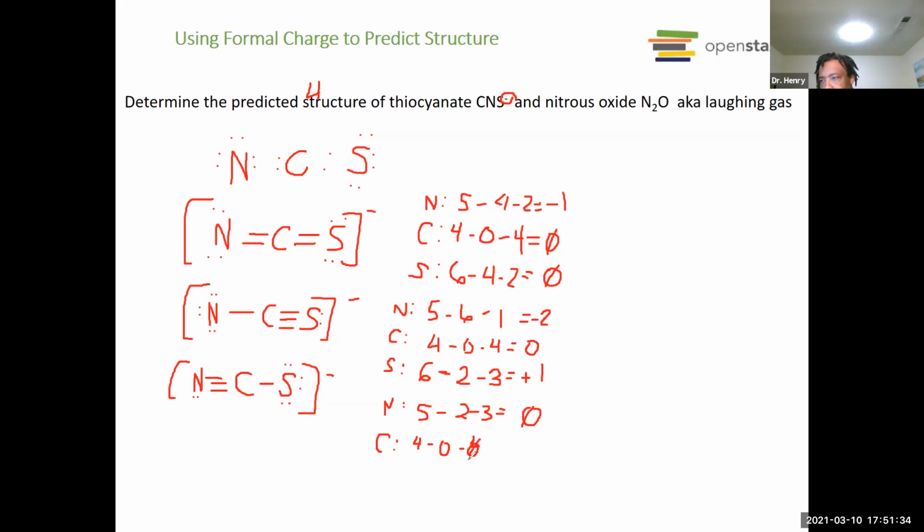That's 4. And then we have S, where it's 6 minus 6 minus 1 equals -1. Okay, so which one is going to be the preferred structure?